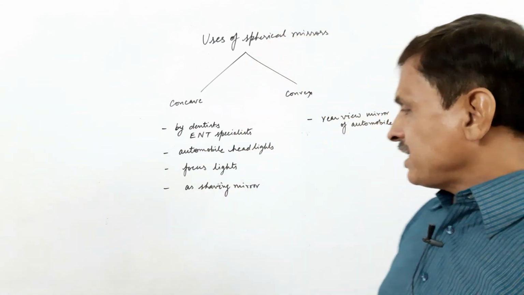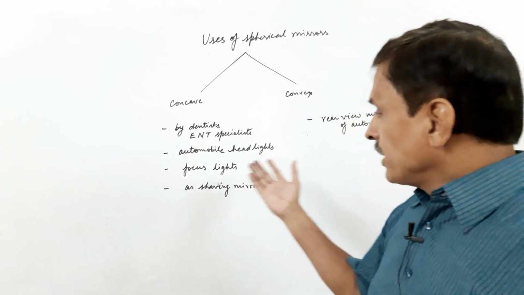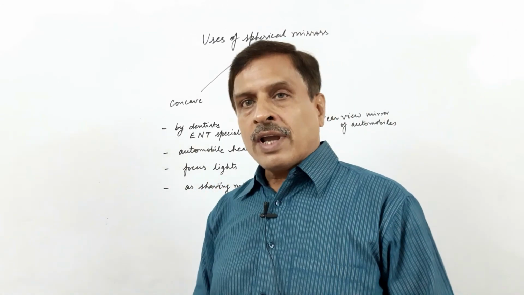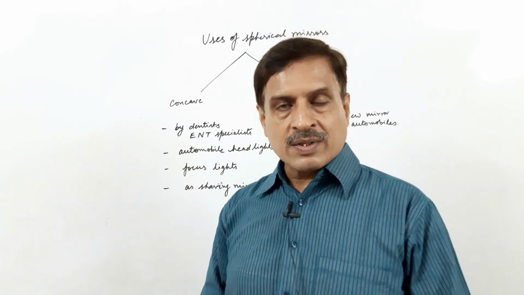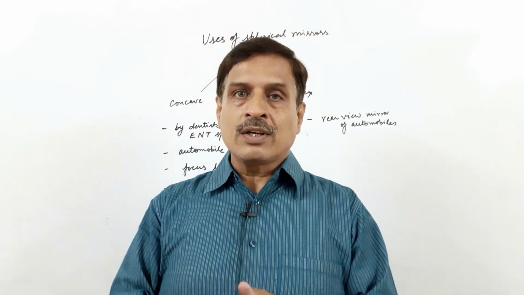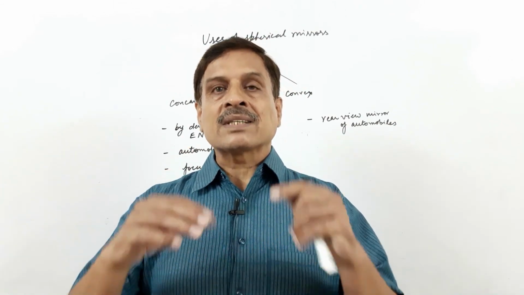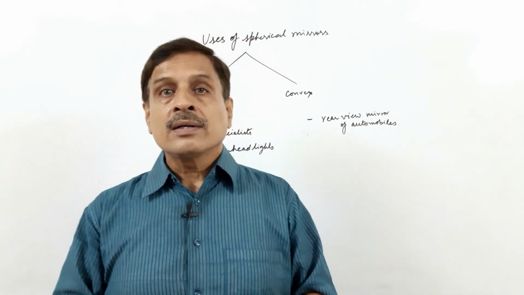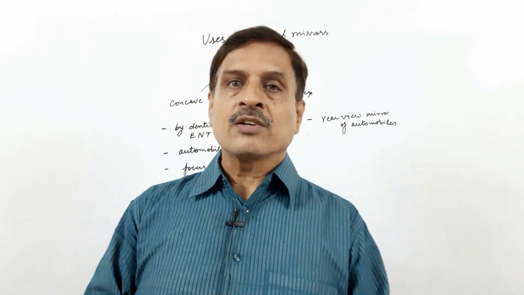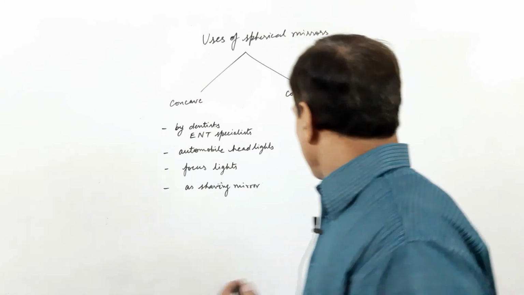Third, in focus lights or searchlights. It is also used in shaving mirrors, because if we keep our face within the focal length of the mirror, then the image is enlarged and erect. Thus, we can have a better view of the shape.